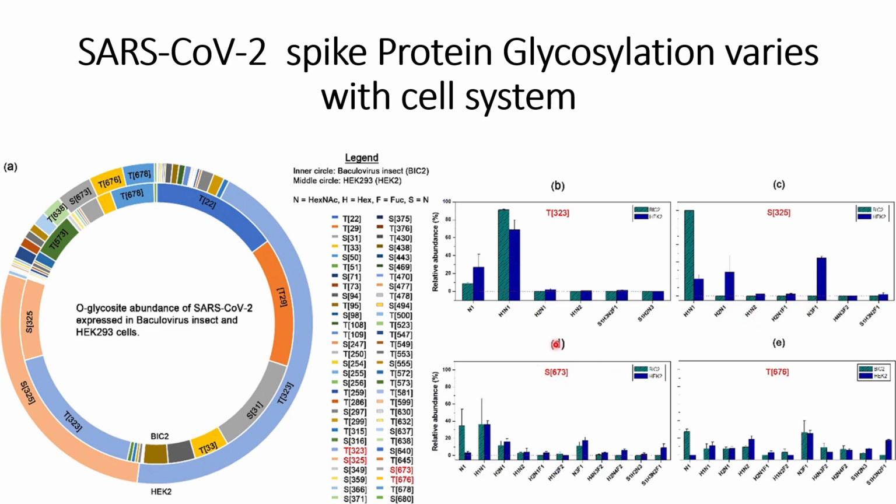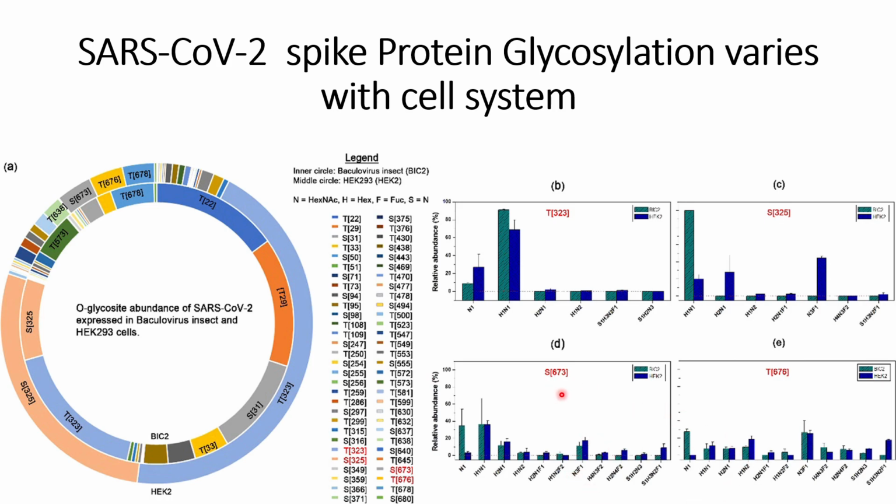In the case of the S673 and T676 sites, we can see more variation in the HEK cells, which show S1, H3 and 2F1 expression, and also H2 and 4F2 expression, and H1N1 expression, whereas the BIC2 cells majorly show only N1, H1N1 and N3F1 expression.